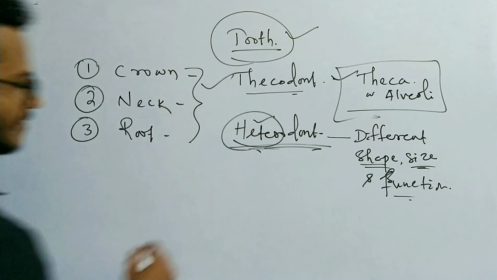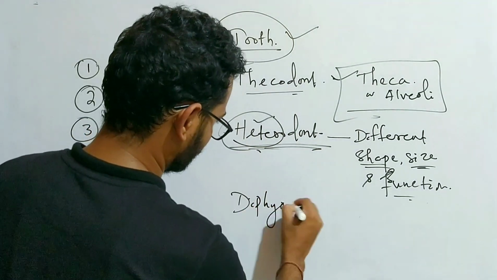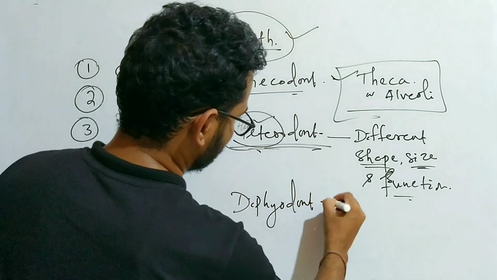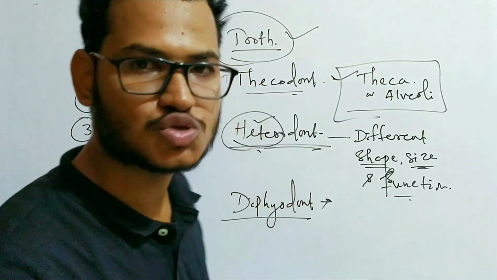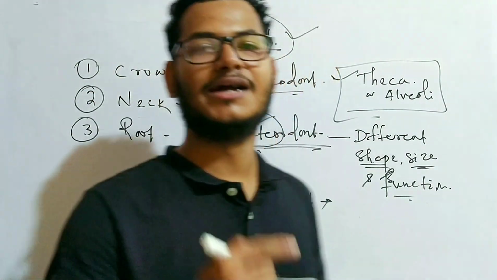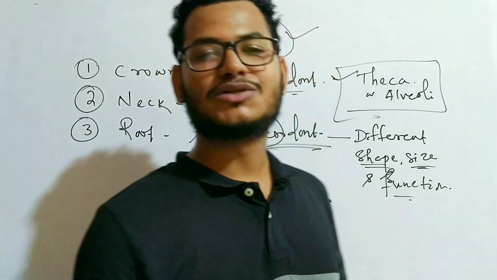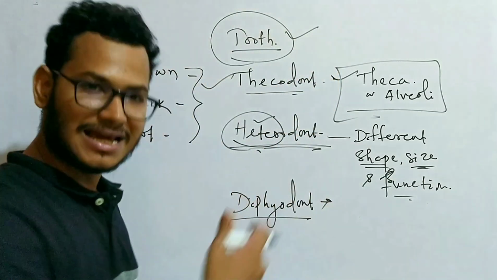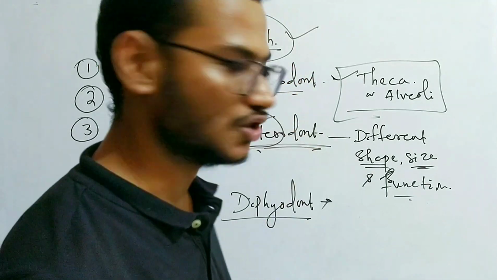Finally, we will talk about diphyodont. It is called so because it appears twice in our lifetime, once as milk teeth, and once again after the milk teeth disappear, the teeth reappear, which are known as the permanent teeth.